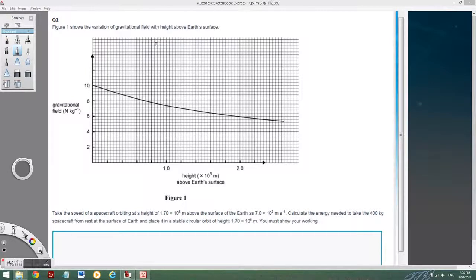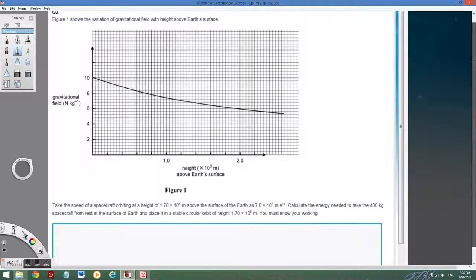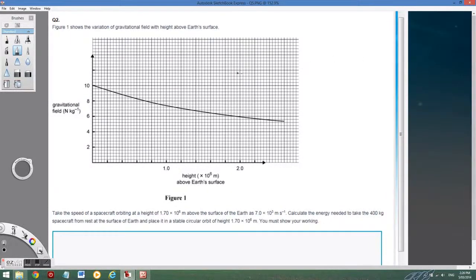Now let's look at a more complicated question. Here we have the gravitational field, so the unit will be newtons per kilogram. Horizontally, I have meters.